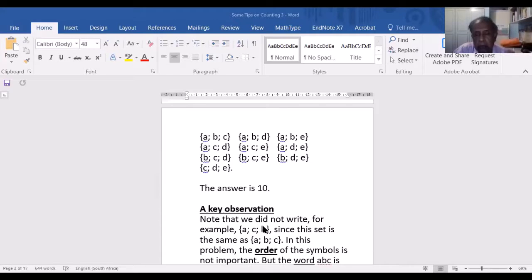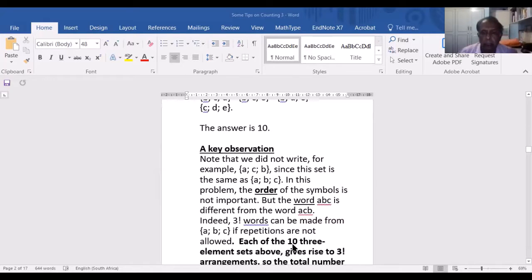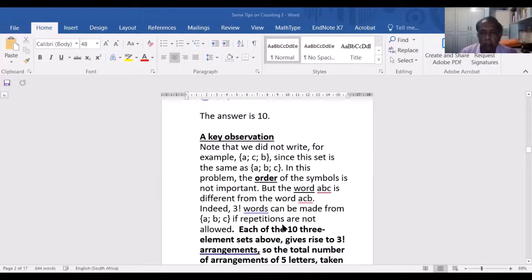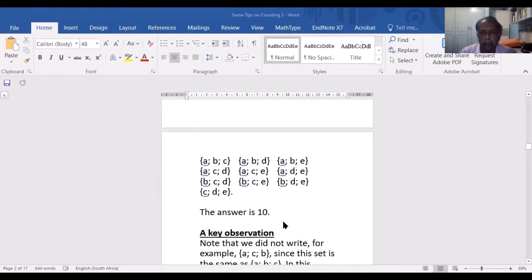All right, so suppose we want to count the number of subsets without looking at this thing here. Suppose we don't know how many subsets there are. But we'll just make a point here that each of these 10 subsets creates arrangements.